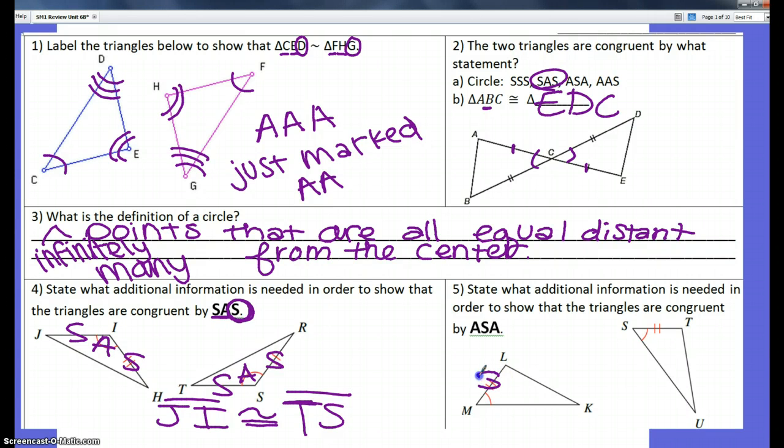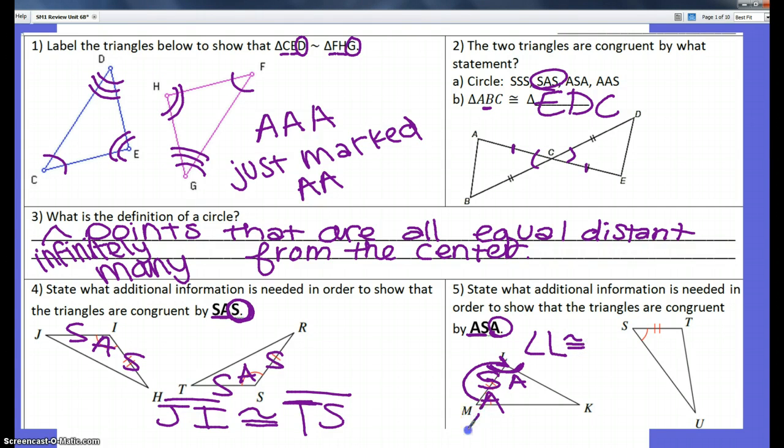Here you've got a side and an angle, and we are missing an angle. We need an angle, so it needs to be in that order: ASA. Therefore, the other angle needs to be up here. And we need angle L to be congruent to.